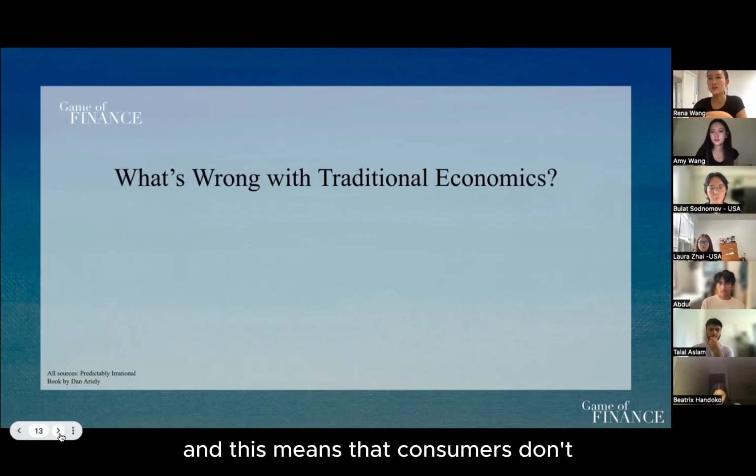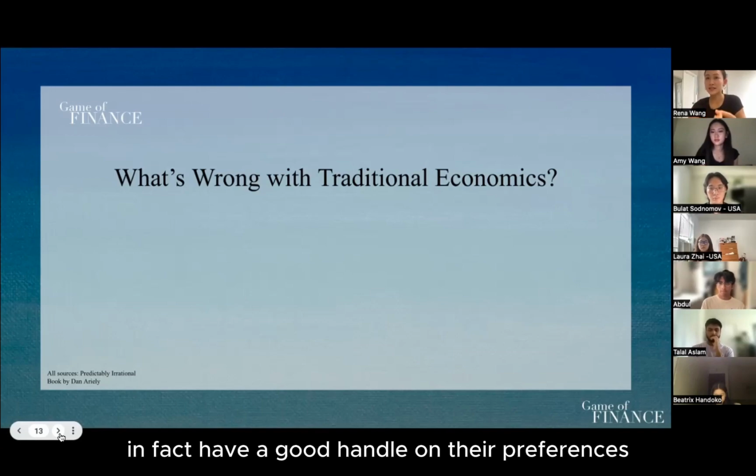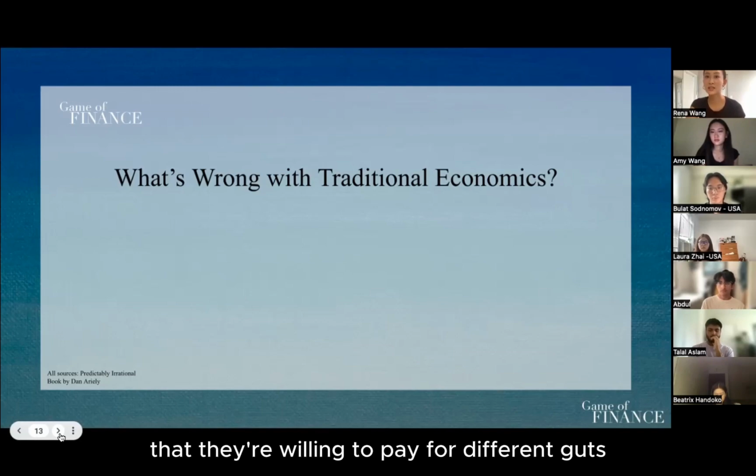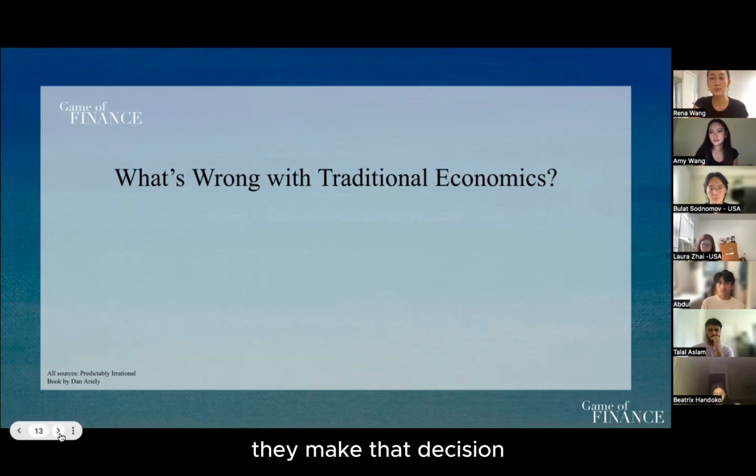And this means that consumers don't in fact have a good handle on their preferences or the price that they're willing to pay for different goods. They make that decision based on the impression we give them, the imprint, the anchor, and the gosling seeing its mother. They don't have a very good idea.